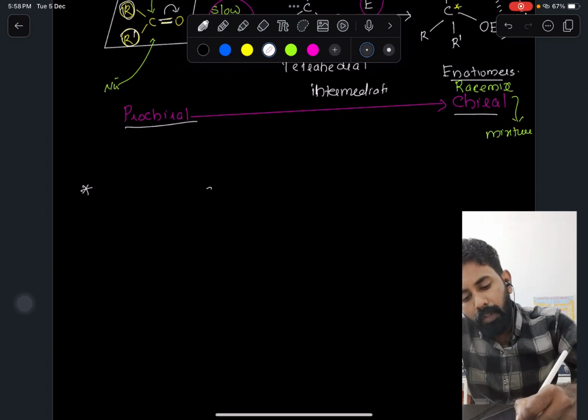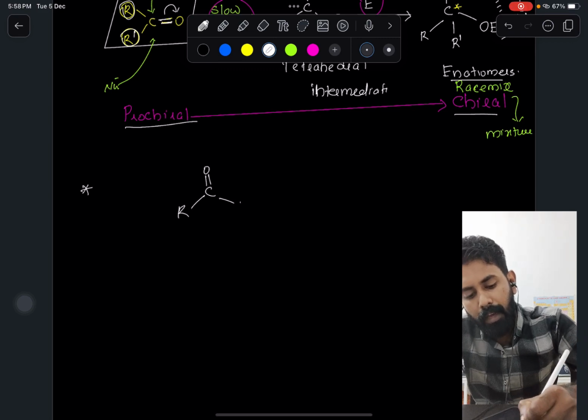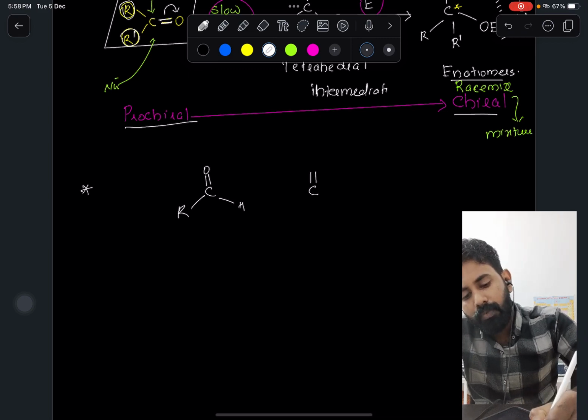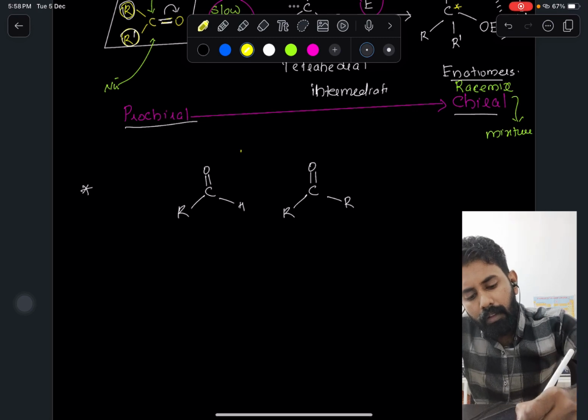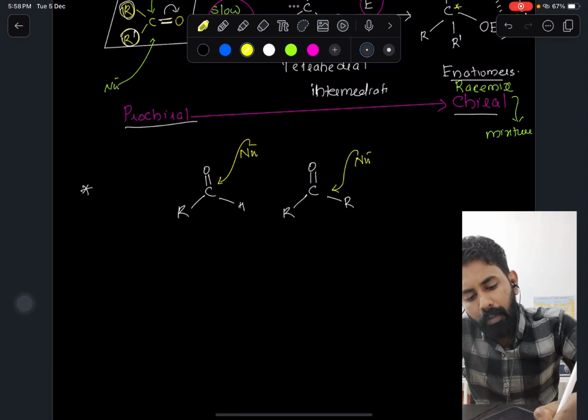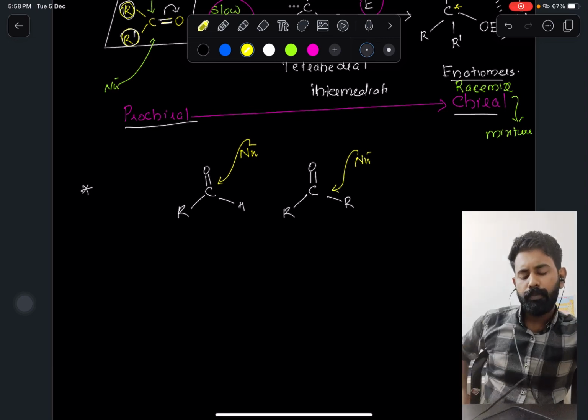So if you are comparing between an aldehyde and a ketone, the slowest step is the attack of the nucleophile to the carbonyl carbon.